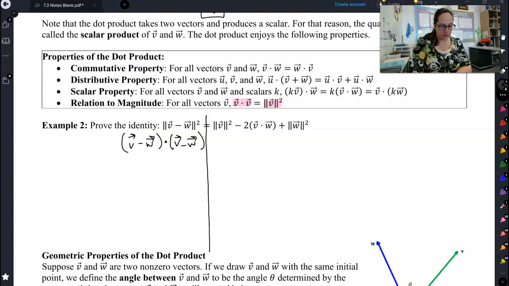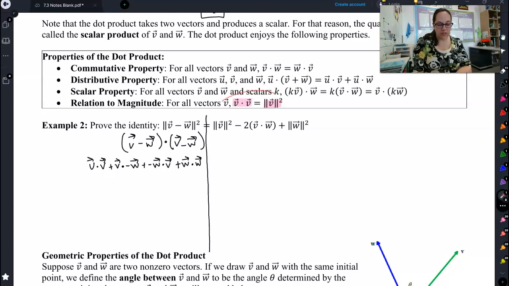See what I get. So the first one I get is v times v. And I get v times -w. And then I get -w times v. And then I get -w times -w, which would be positive w times w.